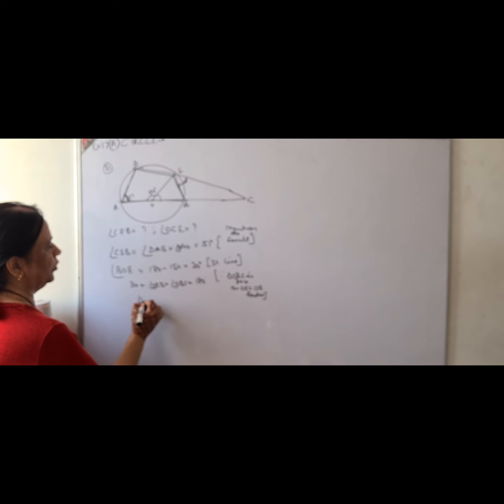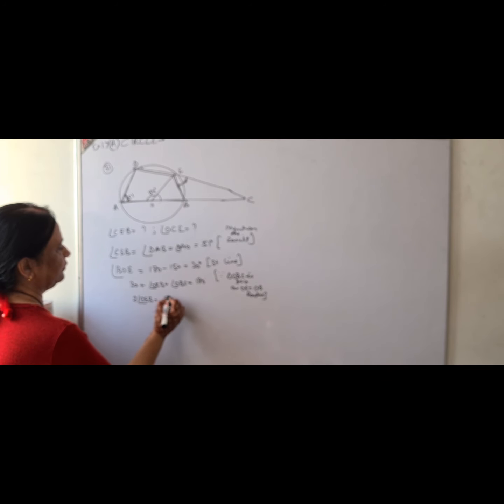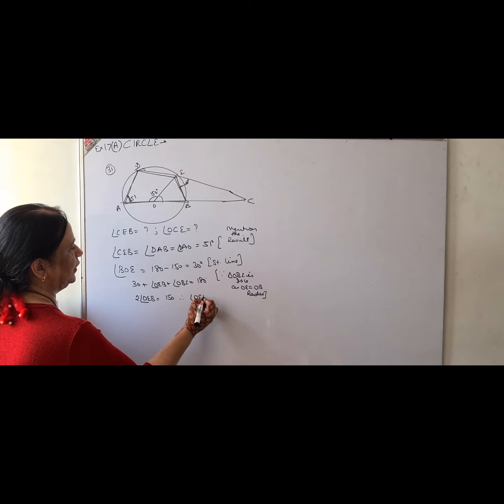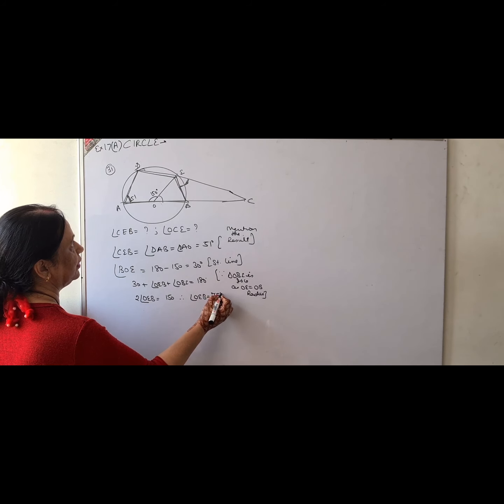So twice of OEB is equal to 150, or OEB is equal to 75.